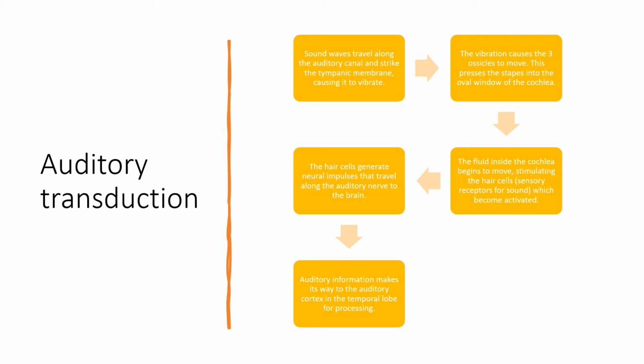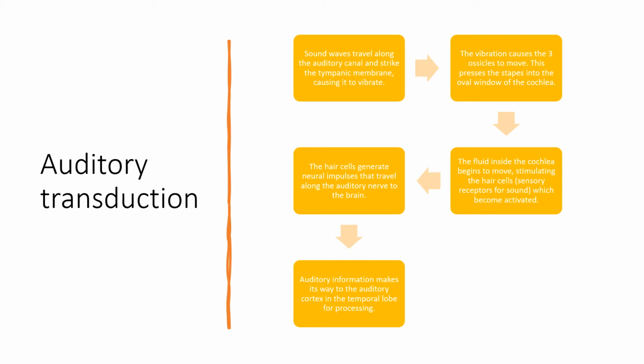I won't be asking you about the stapes or the oval window, but I do think it's relevant for you to note that there are 3 auditory ossicles that move because ultimately of sound waves or moving air that has traveled along the auditory canal. And so a question I might ask would be, what are the 3 auditory ossicles?